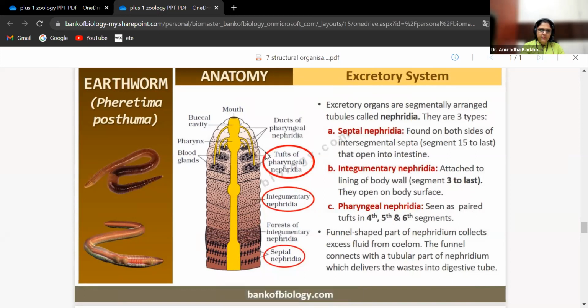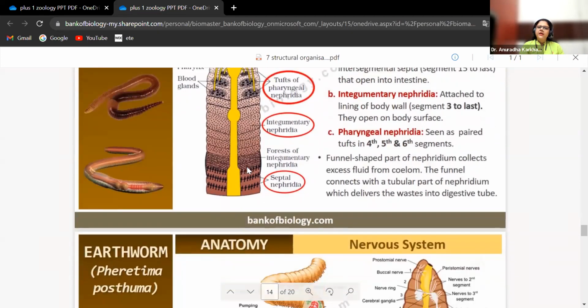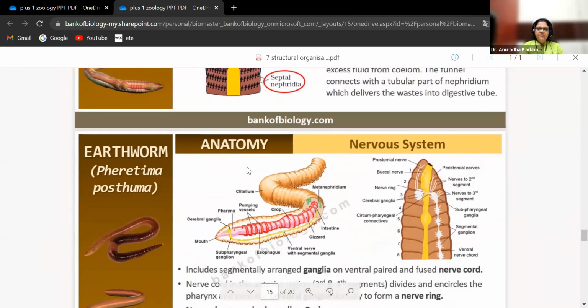Can you see? Paired tufts. Tufts मतलब group है, एक ऐसा गुत्था है. Okay, so don't take too much tension. Just remember they have got septal, integumentary, and pharyngeal. Fine. That's all with the excretory system.